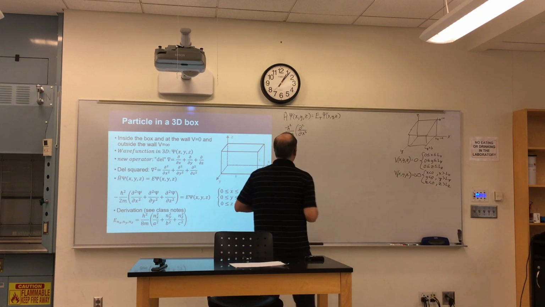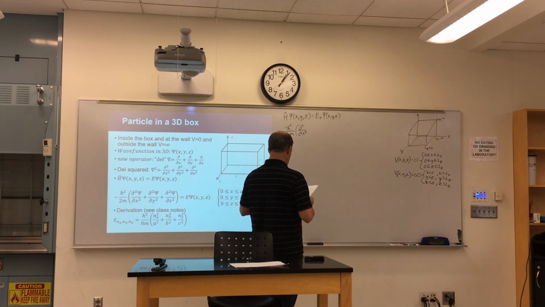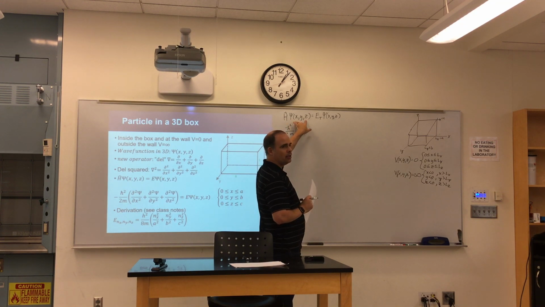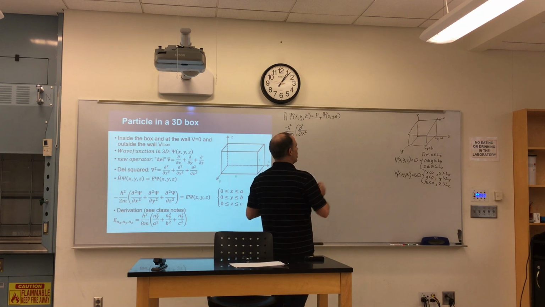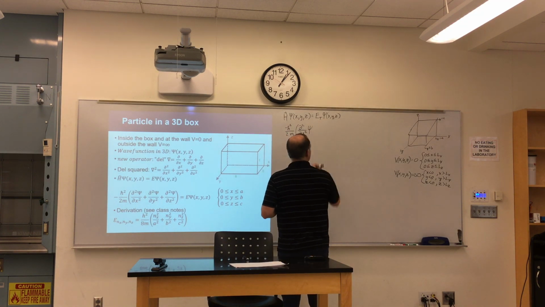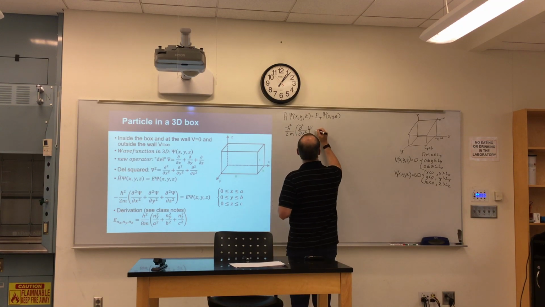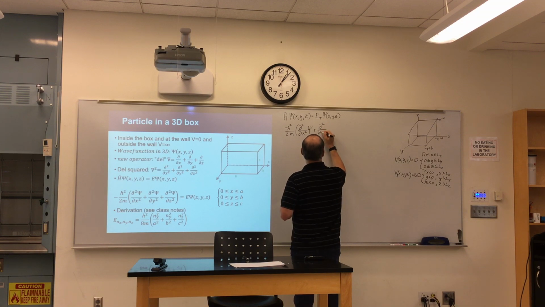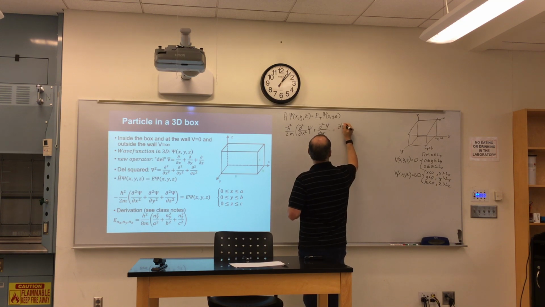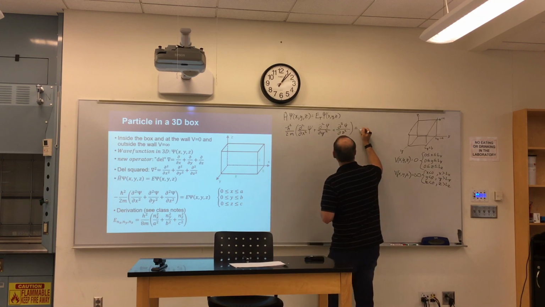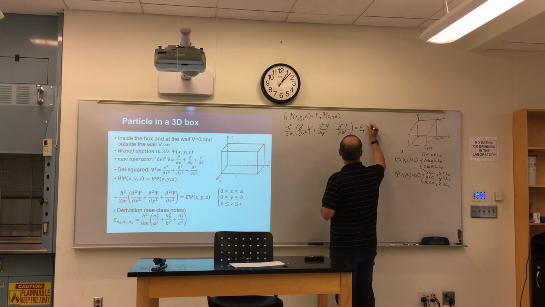I'm going to drop for right now the x, y, and z that goes along with psi, just for simplicity's sake. So when I have a psi here, that's in the x, y, and z direction. Plus the second derivative with respect to y of psi plus the second derivative of psi with respect to z is equal to total energy times psi.